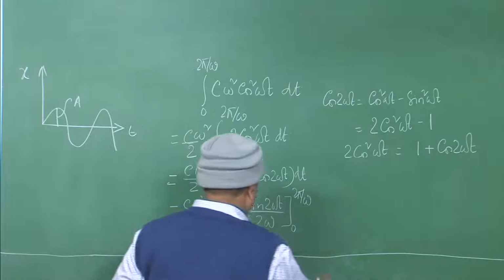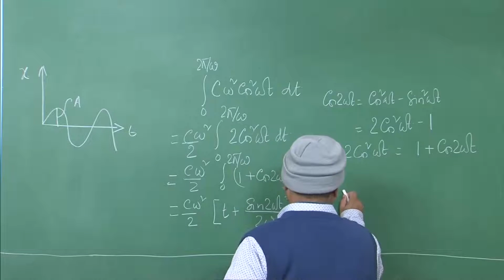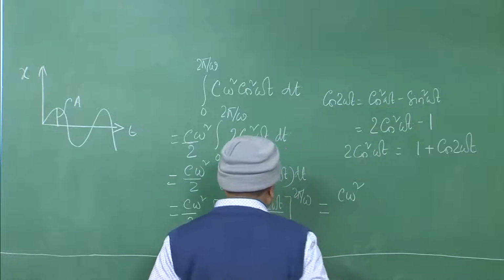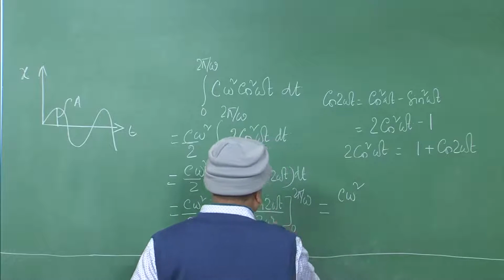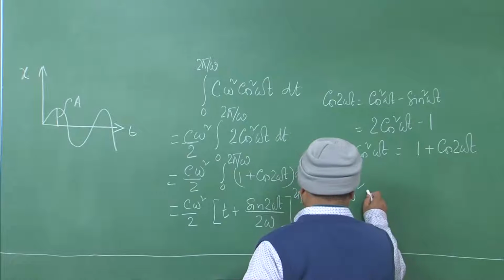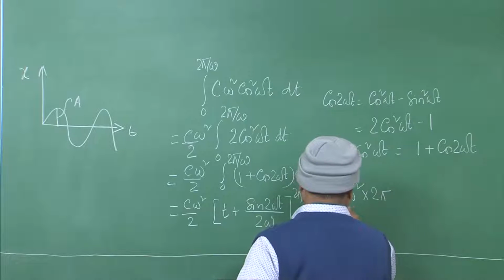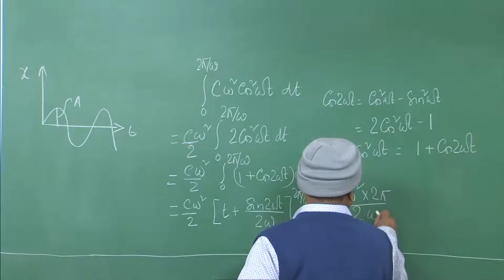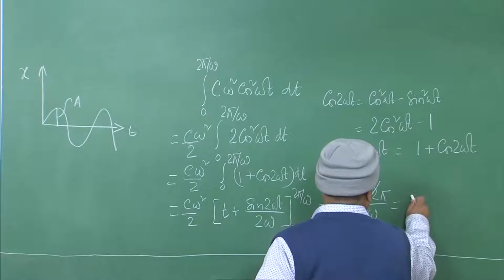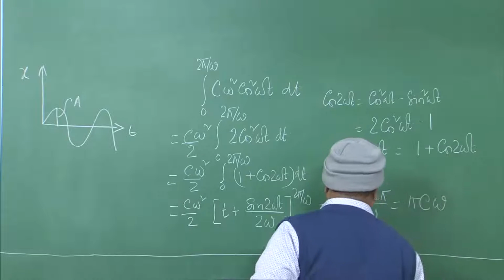If we further go ahead, we will see that the sine terms are going to get cancelled, because sin 4 pi will be 0 and sin 0 is also 0. So, this will become C omega square times 2 pi by 2 omega, where the 2s are cancelling. So, we are going to have only pi C omega with us.